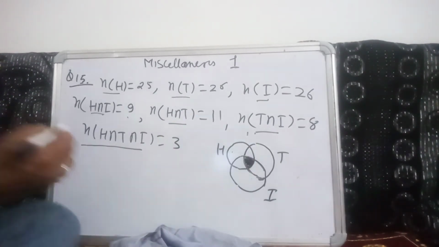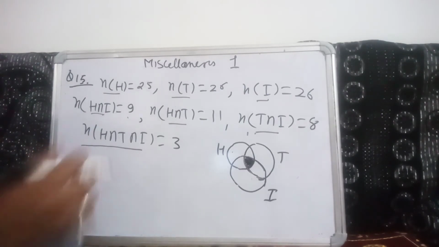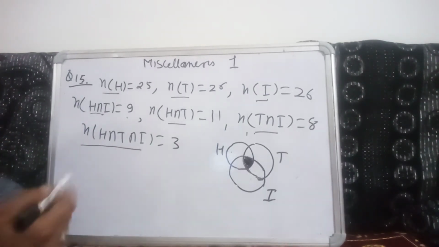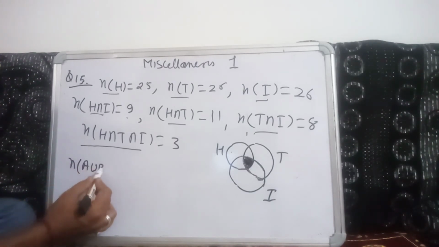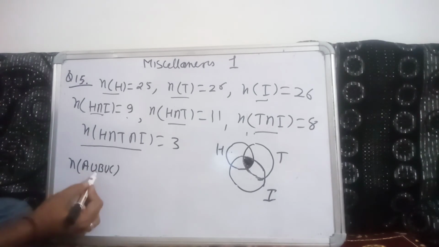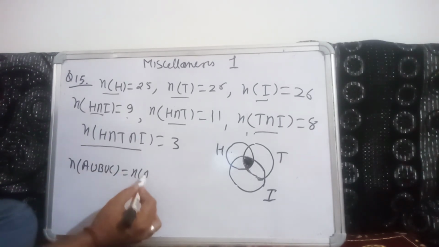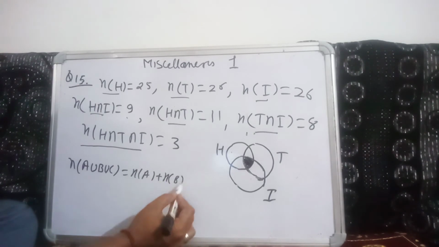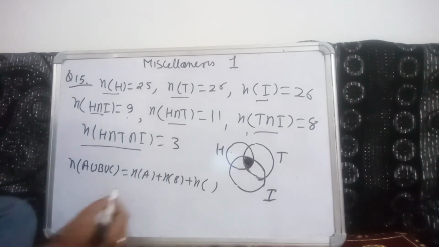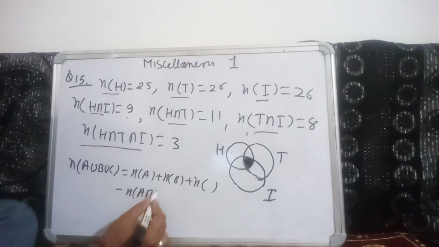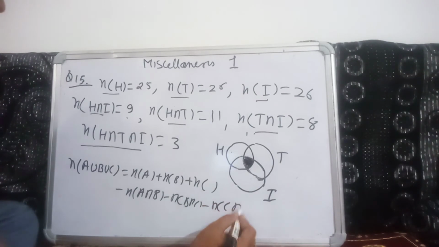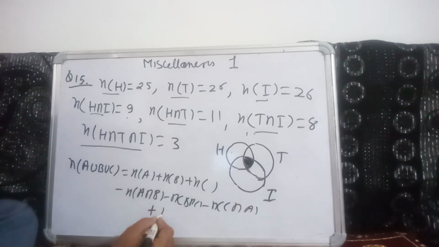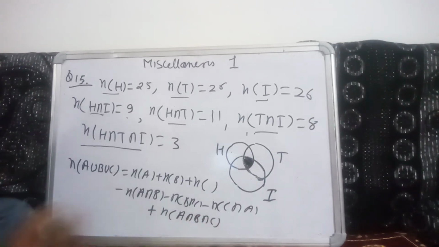So at least means we will use the formula we have already told you, that if there are three sets, then n(A union B union C), means either this or this or this, is equal to n(A) plus n(B) plus n(C) minus n(A intersection B) minus n(B intersection C) minus n(C intersection A), and finally plus n(A intersection B intersection C).